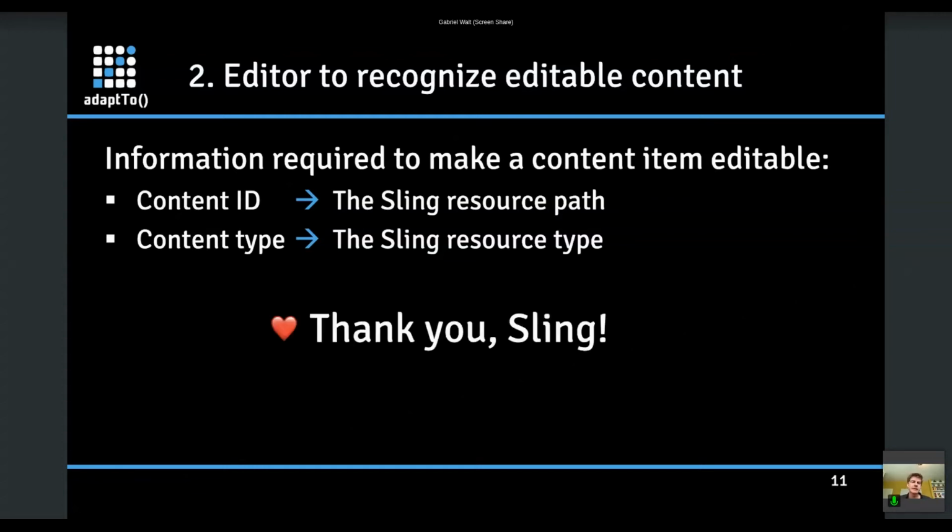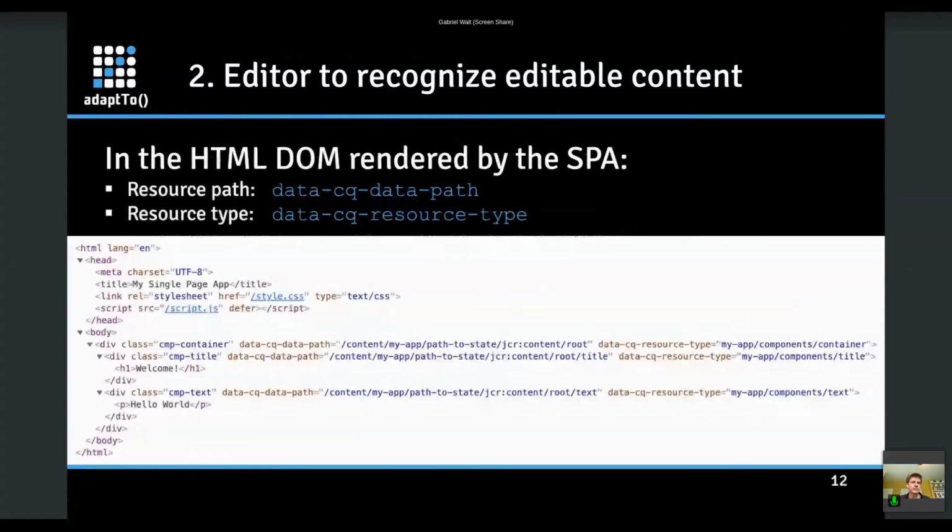And really Sling here is providing us the basic notions that make this possible. We need to convey this information to the editor that is loading the application. And so the DOM that is rendered by the single page application needs to expose on the elements that are rendered what the resource path is and what the resource type is. And with that information, the page editor will be able to recognize the editable elements and load the UI to make them editable.